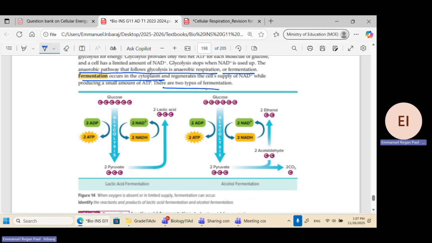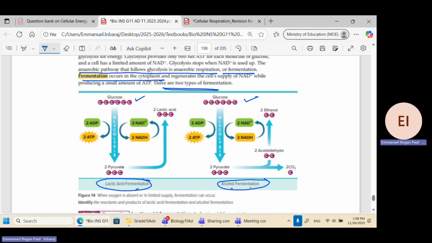There are two types of fermentation: lactic acid fermentation and alcohol fermentation. Let's see what the difference is.